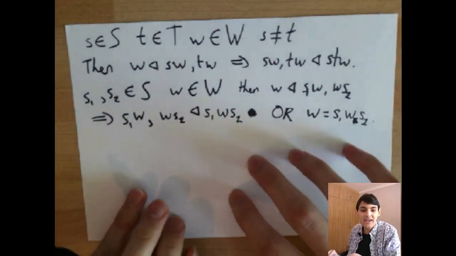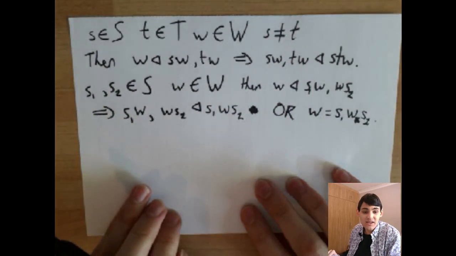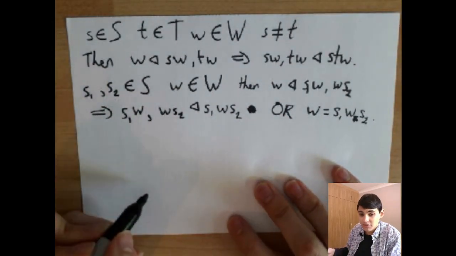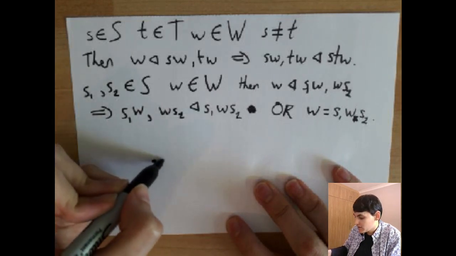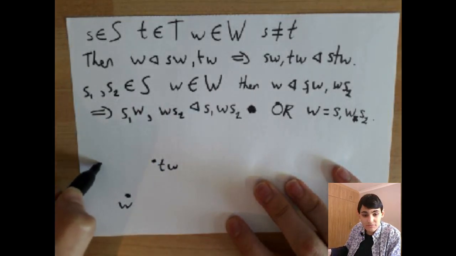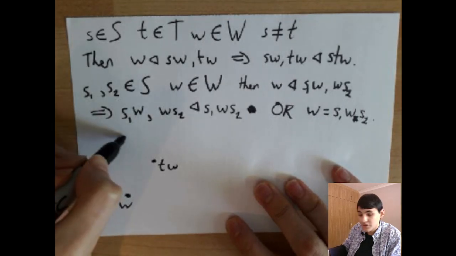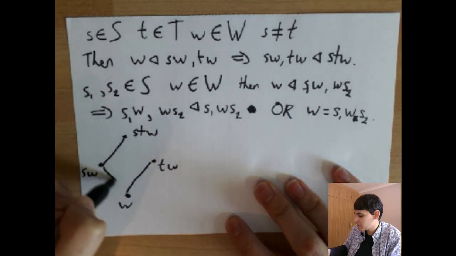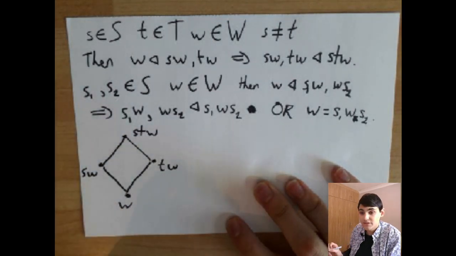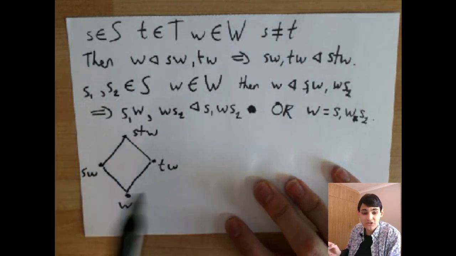And again, these are a lot easier to see in a diagram. So if you've got W here, TW, SW, STW, this is the first of the two corollaries, and you end up with this sort of image.